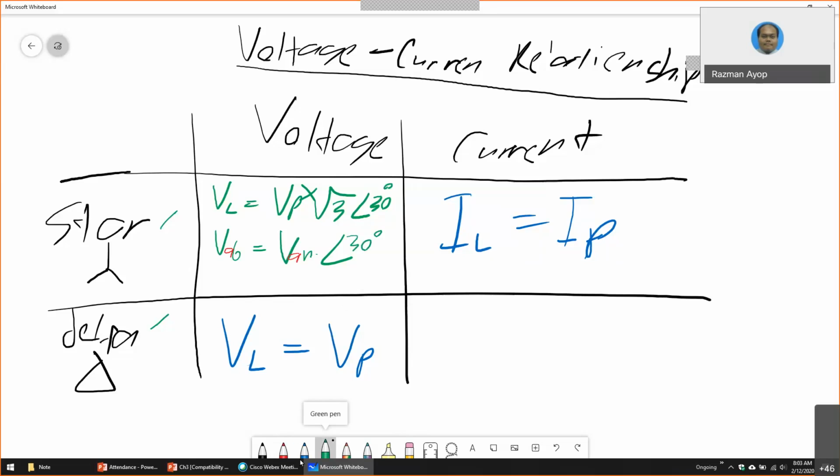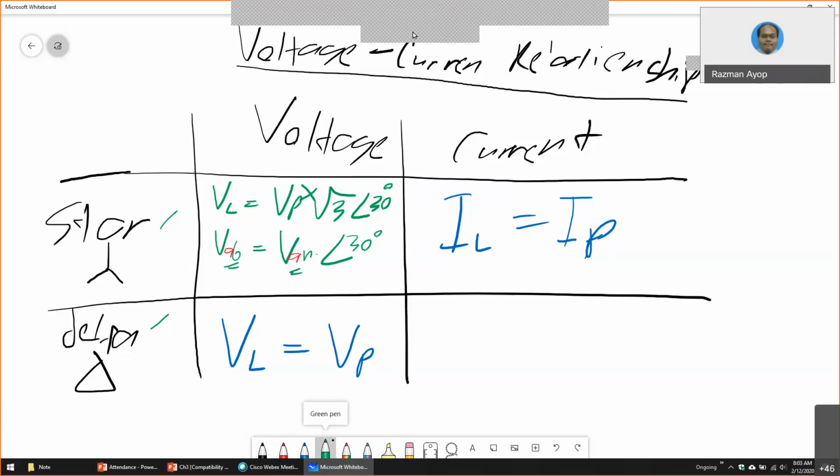Make sure this one and this one is the same. For VAB, you have to use VAN. So be careful.